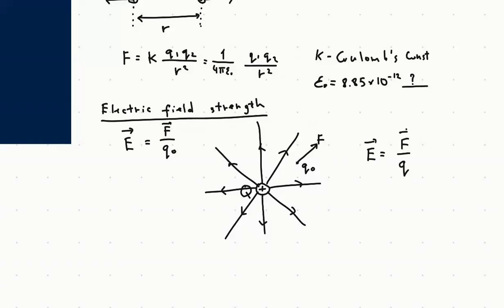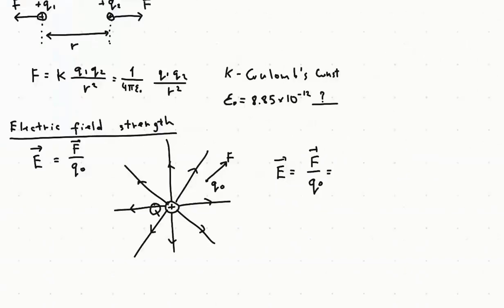But we already know from Coulomb's law that the force is 1 over 4 pi epsilon 0 multiplied by Q0 Q capital. It's the Q1 times Q2, but Q1 is Q big and Q2 is Q small, divided by r squared, where r is the distance from the big charge.